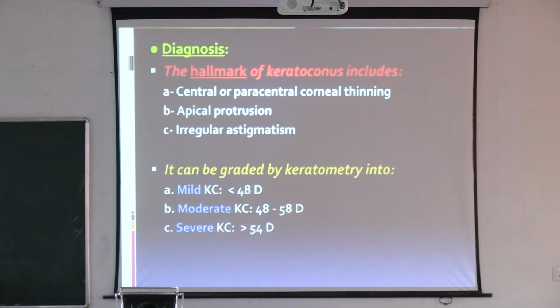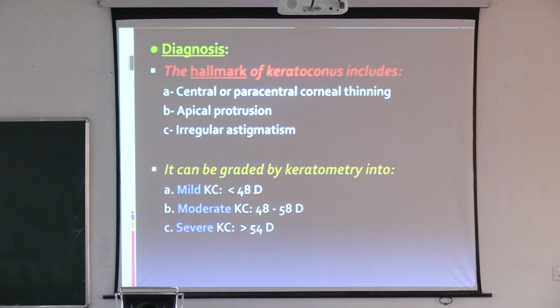Then diagnosis is made by clinical examination, and apical protrusion and irregular astigmatism we detect by retinoscopy, keratometry and slit lamp examination. Then according to the keratometry readings, it is divided into 3 groups: mild, moderate and severe.